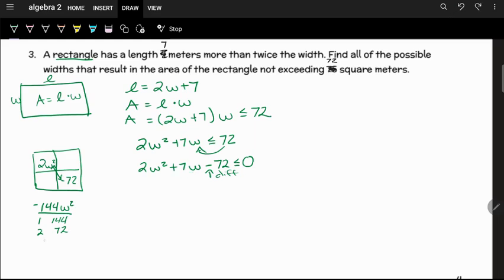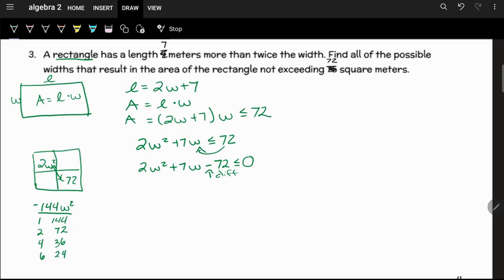So 3 doesn't go into it. 4 does go into it, 36 times. Still not close. 5 doesn't. 6 goes into it 24 times.